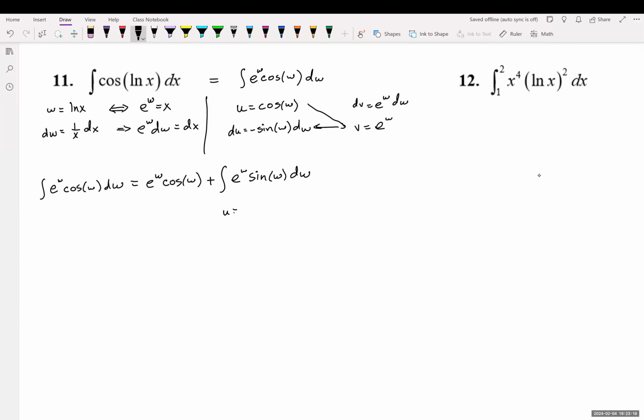So if we let u equal sine w this time, and dv is equal to e to the w dw again, here we have du is equal to cosine w dw, and here we have v equals e to the w.